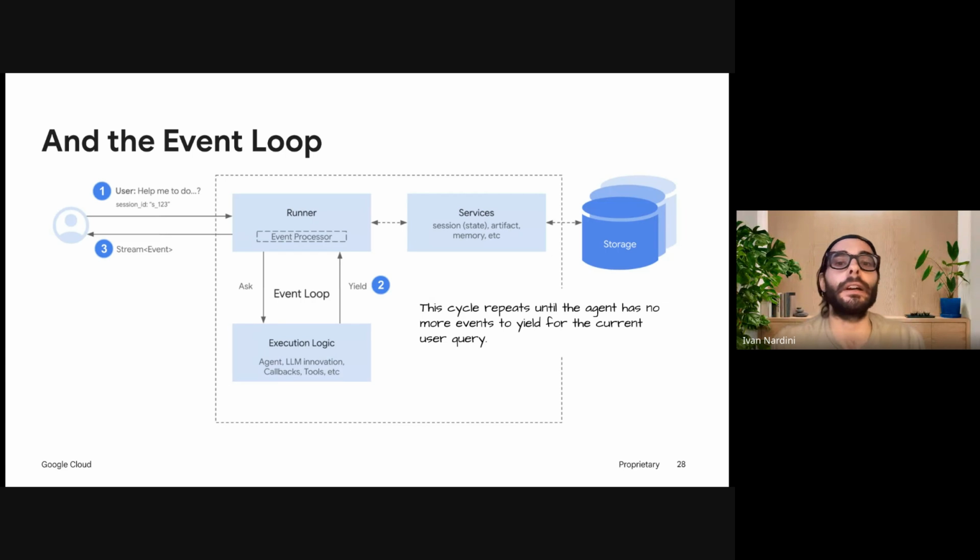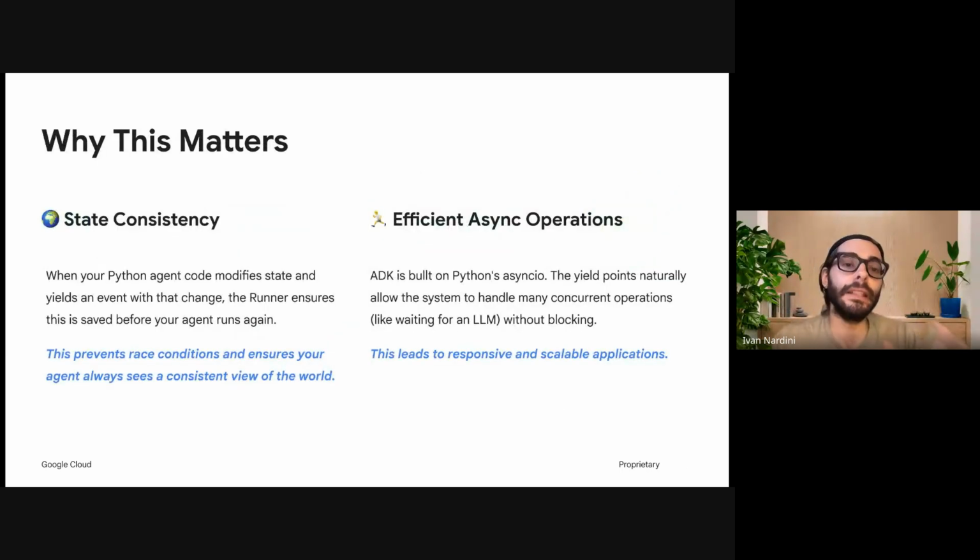The first reason is because you will see this in the code that Annie will show you. But more importantly, this system, as it has been described, provides two main advantages. First of all, state consistency, and second, it allows you to run your agent efficiently.